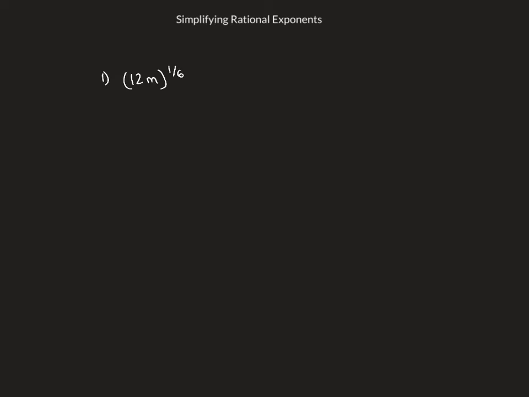Basically, with just one simple step, all you have to remember is you take the denominator of the exponent, and then you're basically just gonna bring it to the front of the square root.